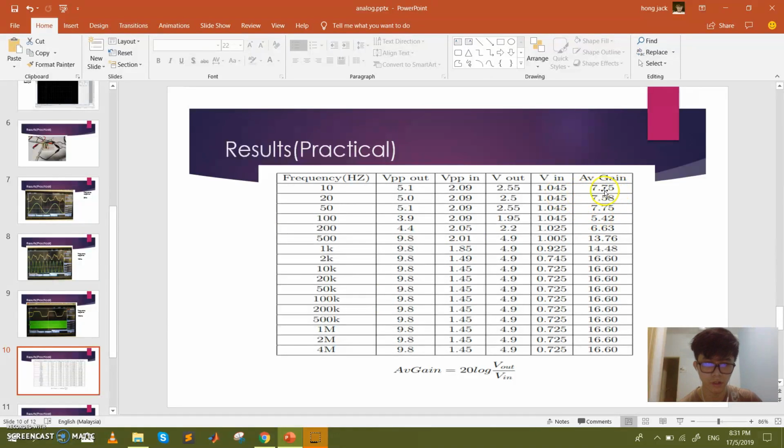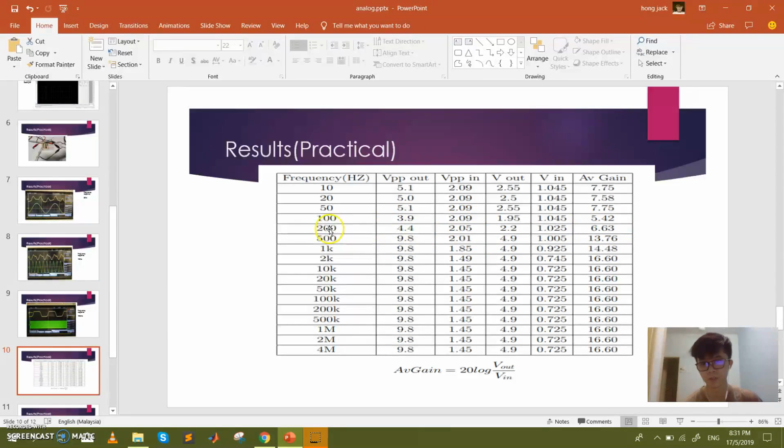As you can see here, the voltage gain was 7.75 for 10 Hertz, and it dropped a bit at 100 Hertz. As I mentioned, I believe that this is the frequency that is making the circuit lose efficiency.